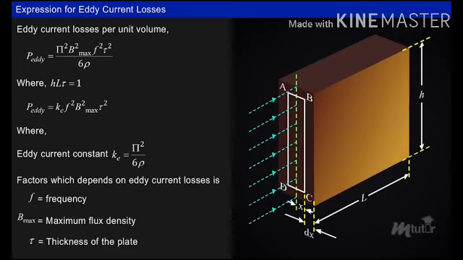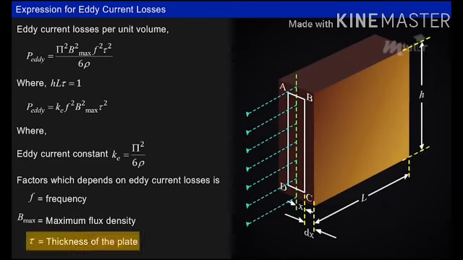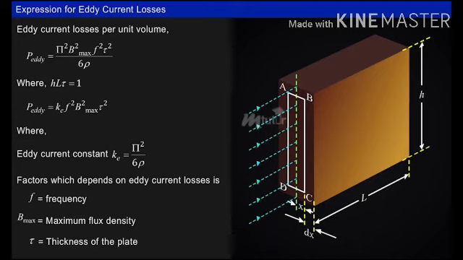So the factors which affect eddy current losses are the eddy current constant Ke, frequency f, maximum flux density B max, and thickness of the plate tau, and it is also inversely proportional to the resistivity of the material.